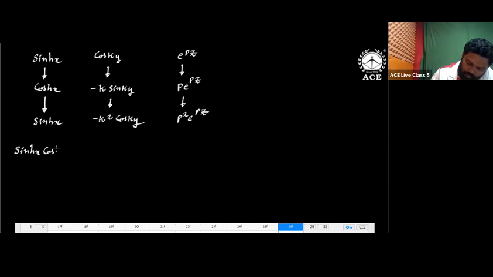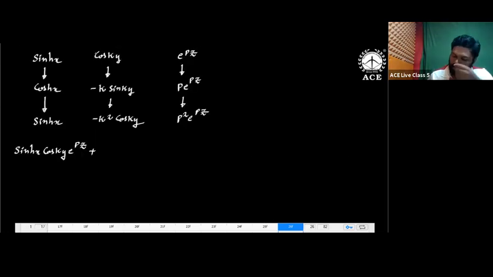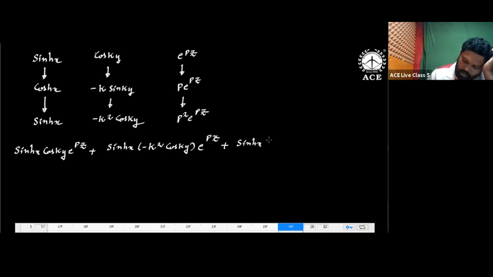sinh x cos ky into e to the power of pz plus, what is it? sinh x into minus k square into cos ky into e to the power of pz, plus sinh x cos ky into p square into e to the power of pz is equal to 0.